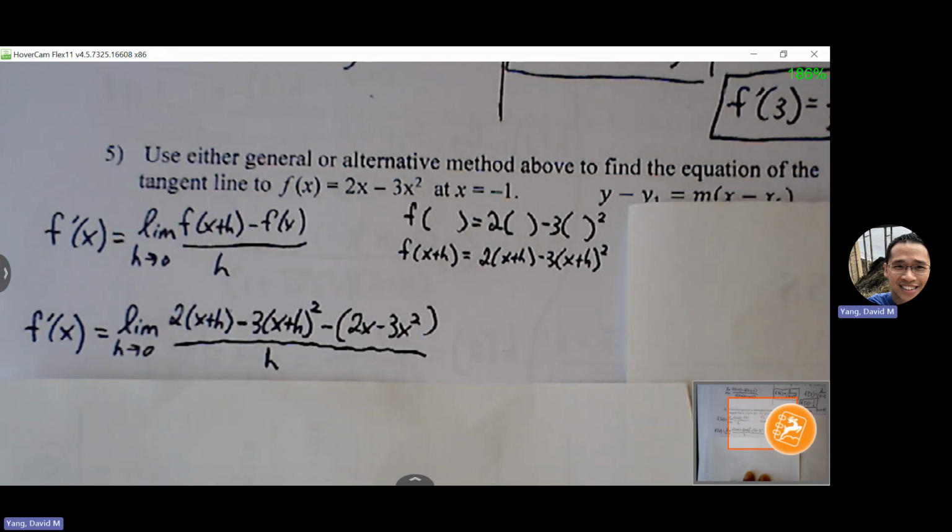Everybody okay with initial setup here? We get 0 over 0 if we do direct substitution.